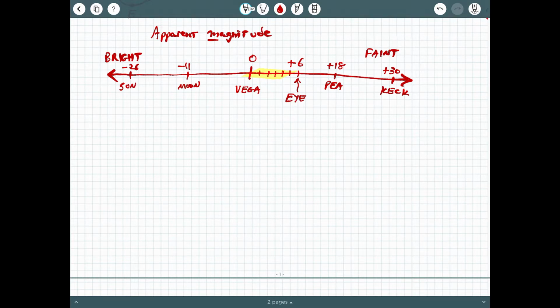And since it's a logarithmic scale, the math looks something like this, where the intensity of an object, let's call it A, in ratio to the intensity of object B equals 2.512 to the power of their apparent magnitude difference.